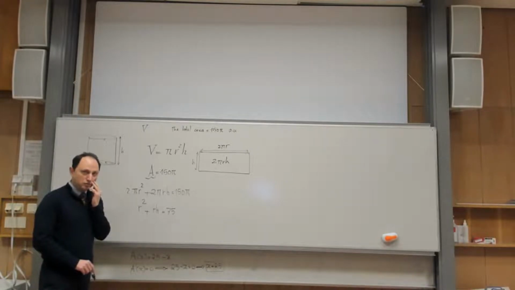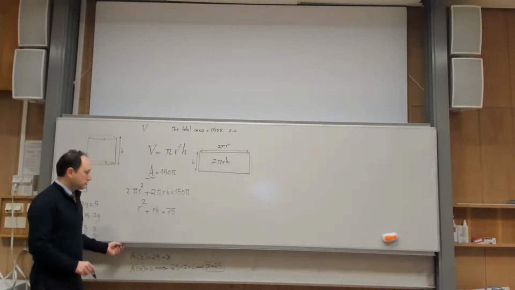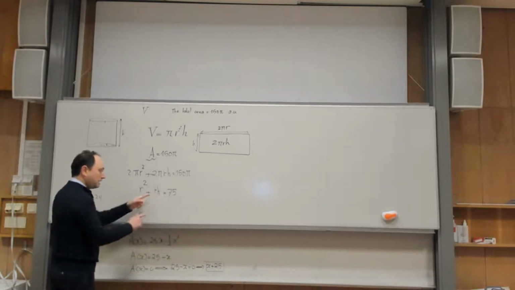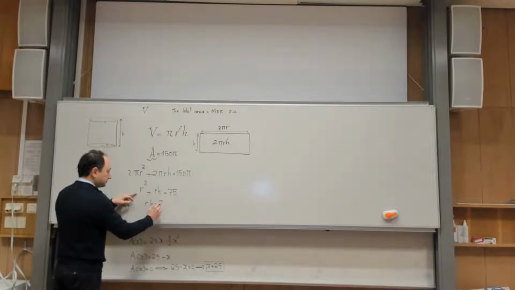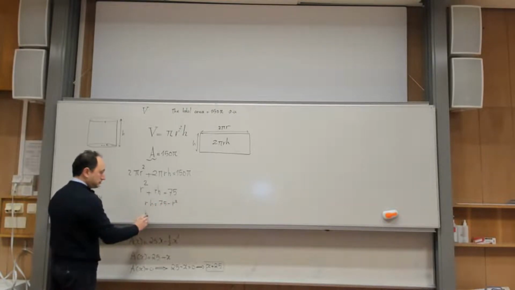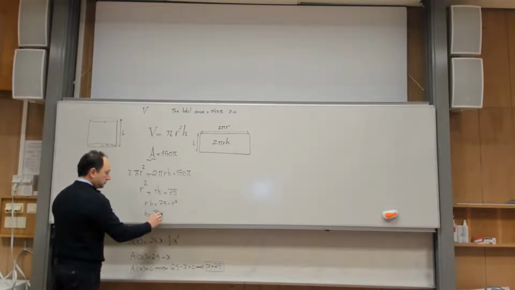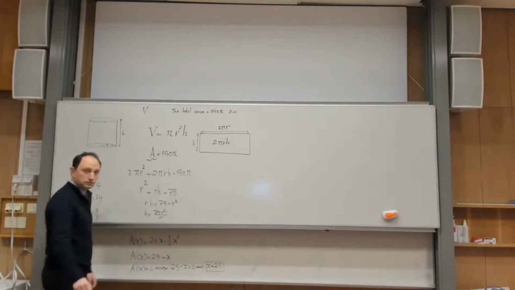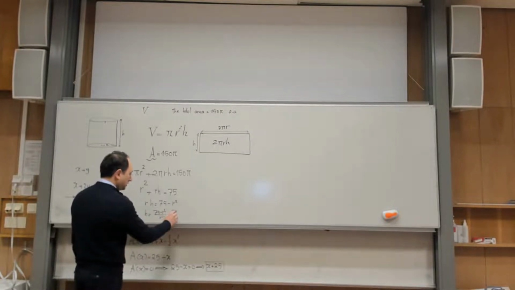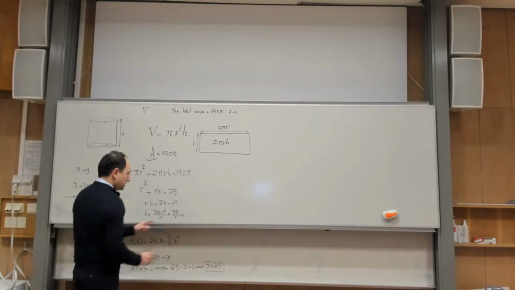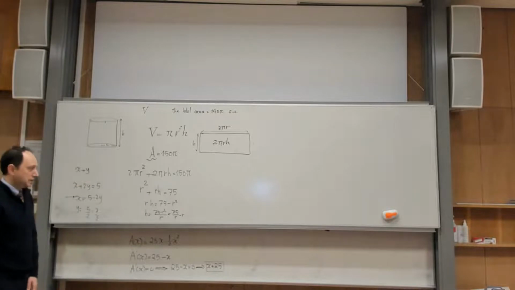So you mean that you make h alone? Yeah. Because you are right, let me make h alone first. I move r squared to the other side, and then I divide by r. Or, if it doesn't matter, you can write 75 over r minus r. Yes? I am done with elimination.